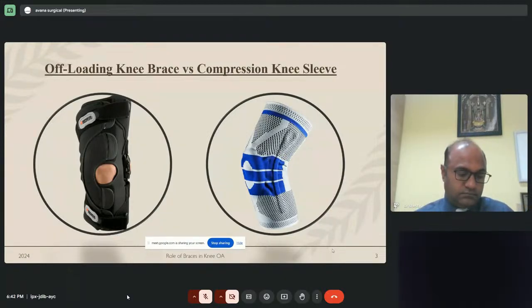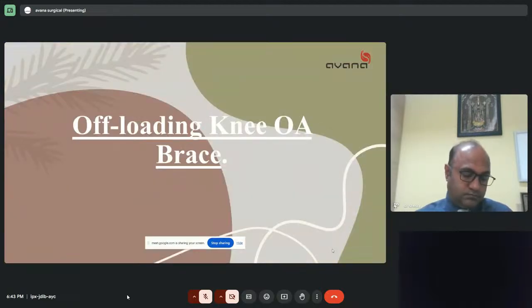It will give compression to muscles which are near the knee. It will not help us address the exact issue, which is rubbing of bones or the pain because of degeneration of cartilage. So today we are going to understand how an offloading brace is different from a compression sleeve.